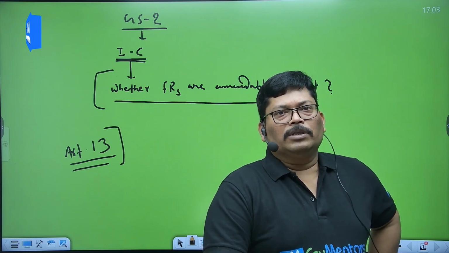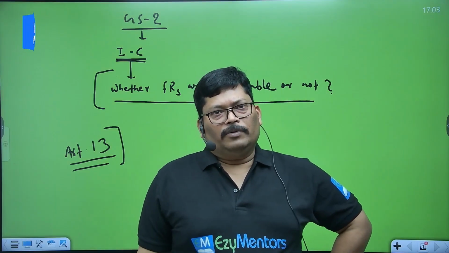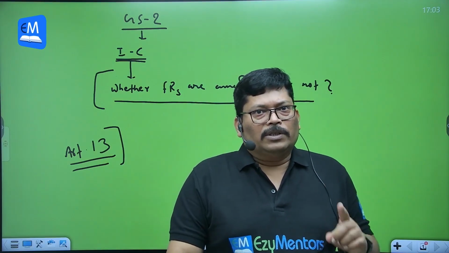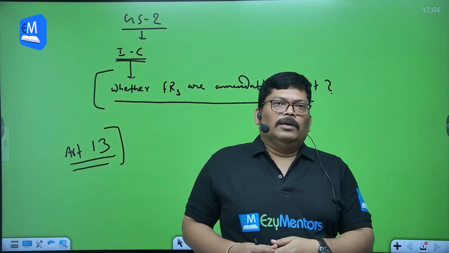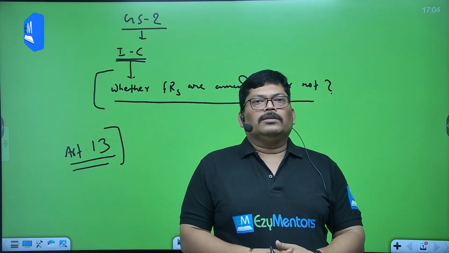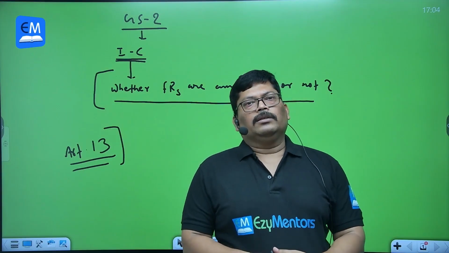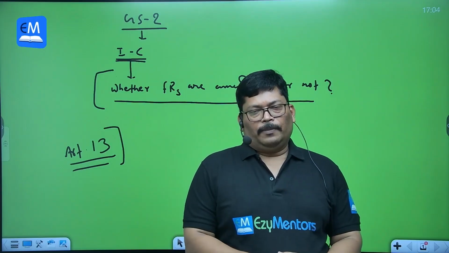the first Constitutional Amendment Act was carried out in year 1951. What was the result of the first Constitutional Amendment Act that took place in year 1951? It resulted in the incorporation of Article 31A and Article 31B in Part 3 of the Constitution.